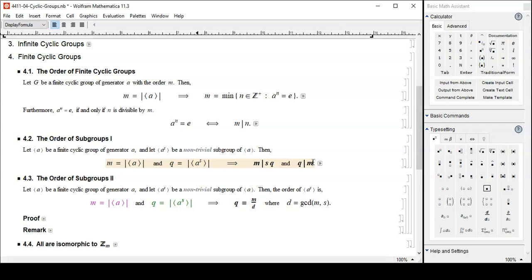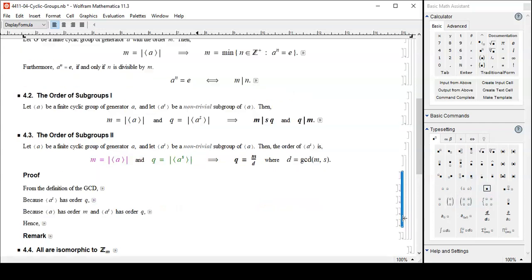Okay, now let's go ahead and prove 4.3. And we're going to do it in 3 steps, basically. Step 1, we're going to work out the property of GCD. And then we're going to do this.